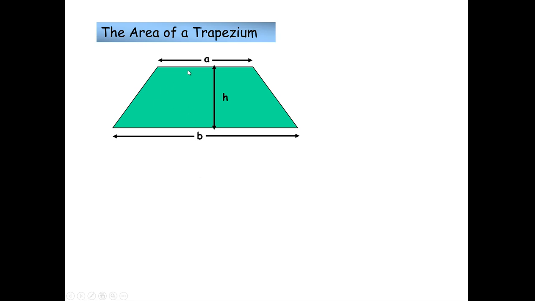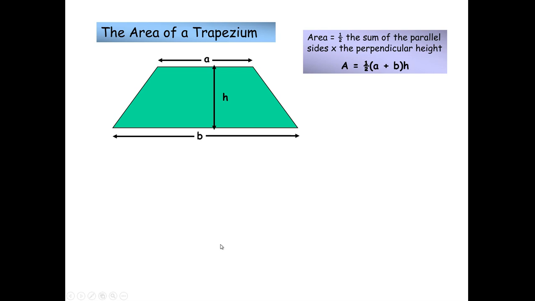So a trapezium comprises one pair of parallel sides. So side A is going to be parallel to side B, and the area of the trapezium is half the sum of the parallel sides times the perpendicular height. So half of A plus B times perpendicular height.